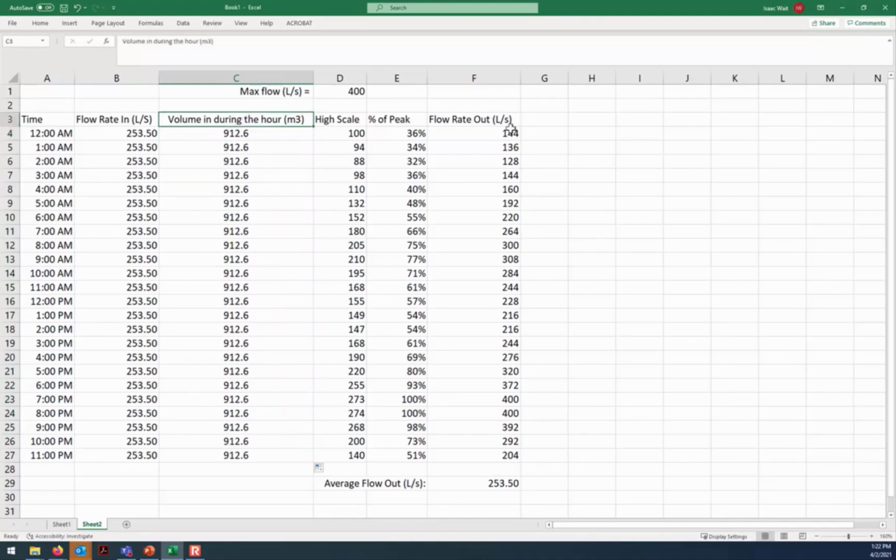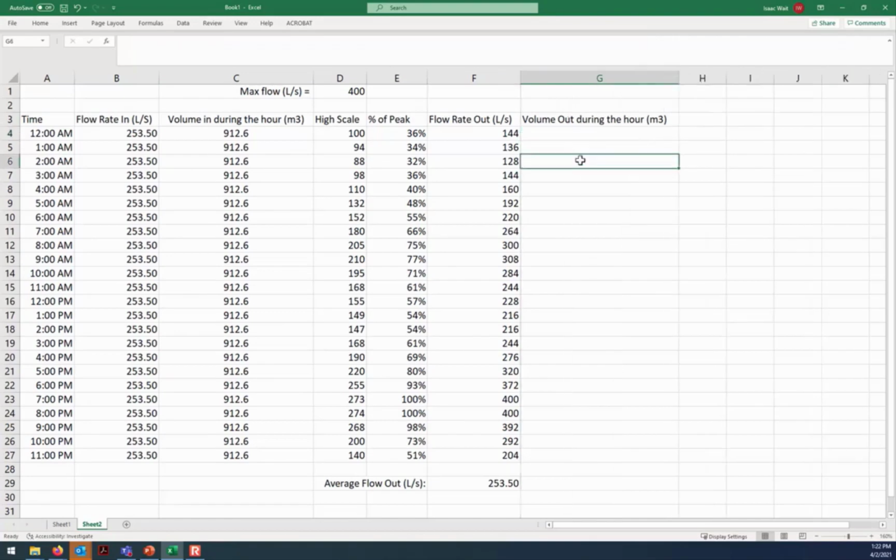So that's in. Now let's think about the volume out. This isn't going to be the same every hour because our flow rate out is changing for each hour. So the volume out would be the flow rate out multiplied by 3,600 seconds per hour divided by 1,000 liters per cubic meter.